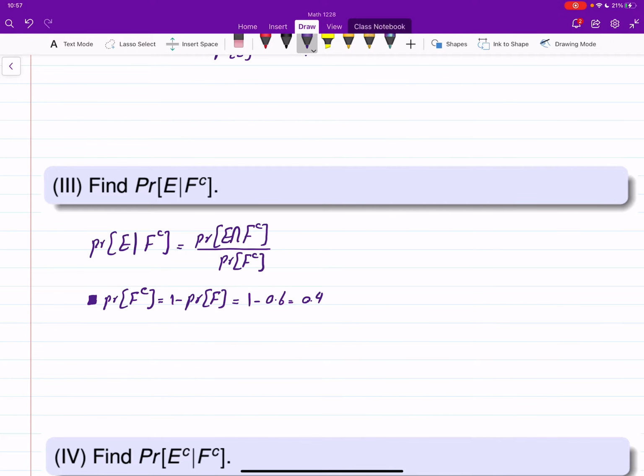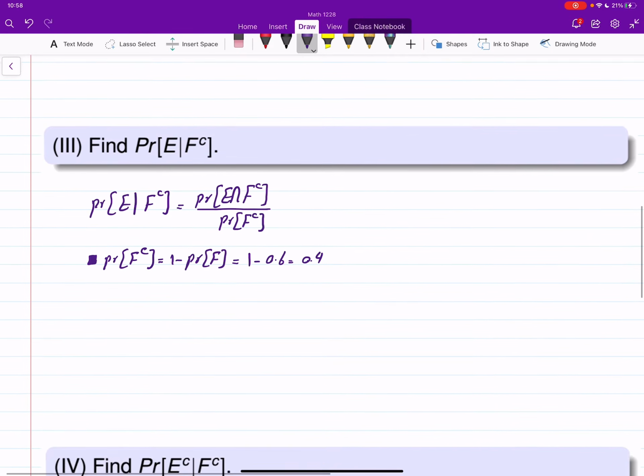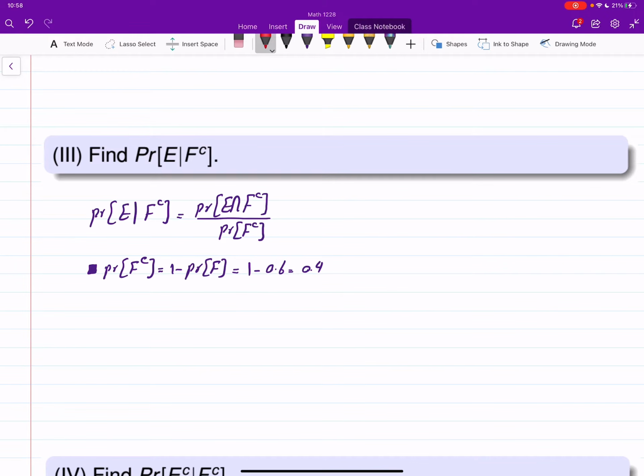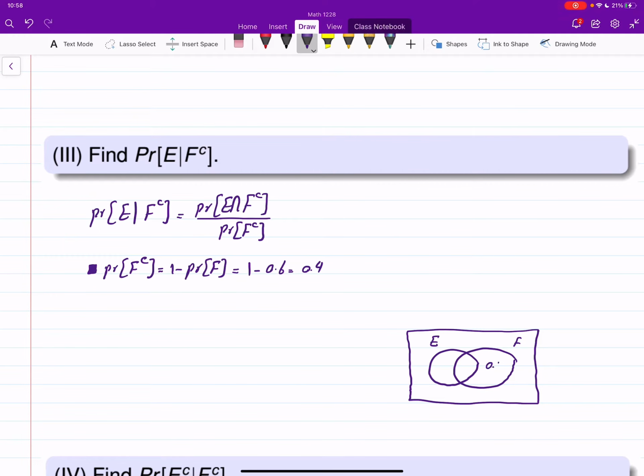How about the probability of the intersection of E and F complement? Here you can use two different methods. One would be using the formulas and the other would be the Venn diagram. Remember the Venn diagram that we just finished above: this is E, this is F, 0.3, 0.3, 0.1, and outside is 0.3.